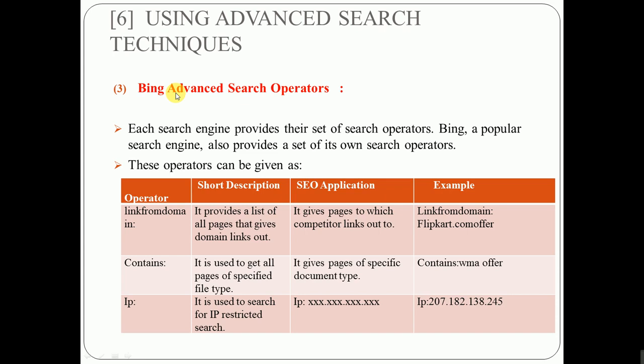Then the next operator is contains. So the contains operator is used to get all the pages of a specified file type. If you want a specific file type, then you can use the contains operator. It gives pages of a specific document. Contains :WMA, over here is an example.